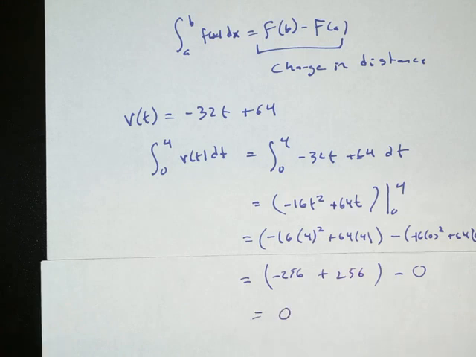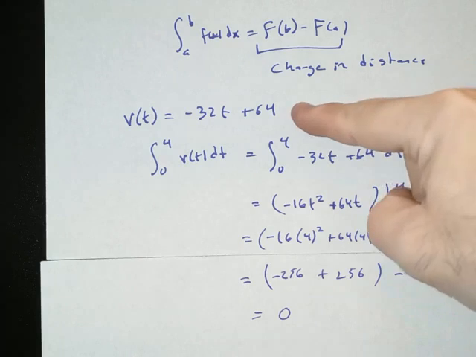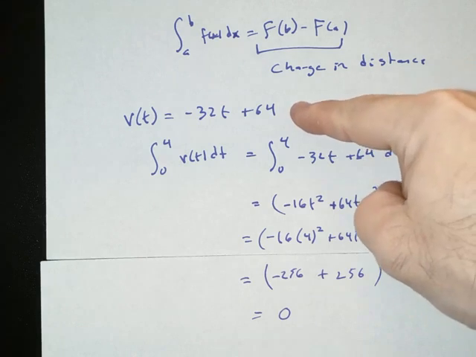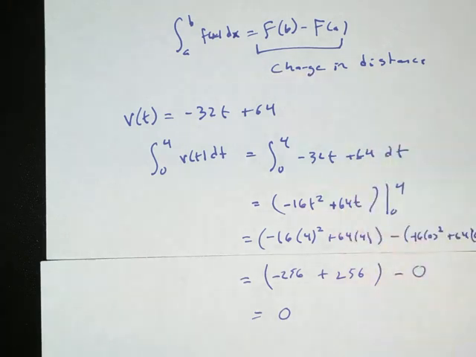Wait here. I have a velocity. My velocity at time 0. At time 0, how is it I went?